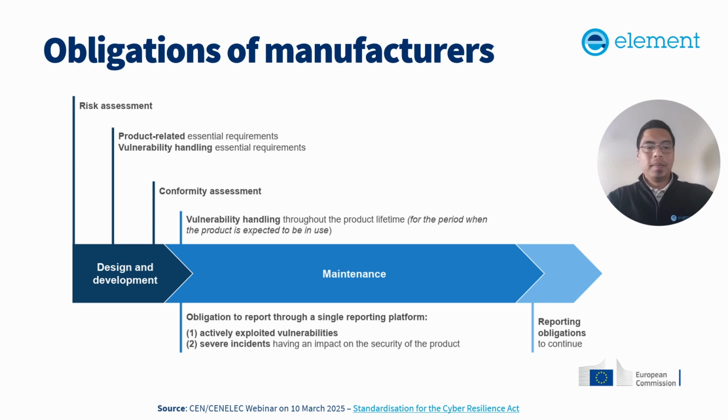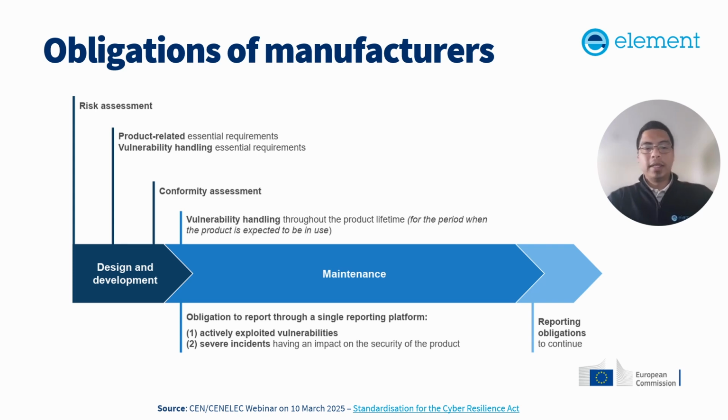There are certain pre-market activities that are carried out, such as conformity assessment and demonstrating compliance with the requirements of the regulation. And then the product is launched and it goes through this so-called maintenance or support period, whereby vulnerabilities that are discovered in the product with digital elements are dealt with, maybe supported through the issue of patches and other maintenance activities until the end of its support period, where the product effectively reaches end of life.